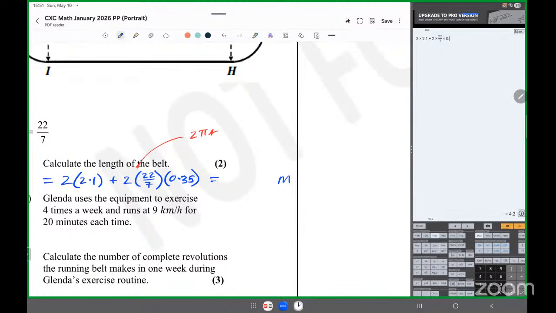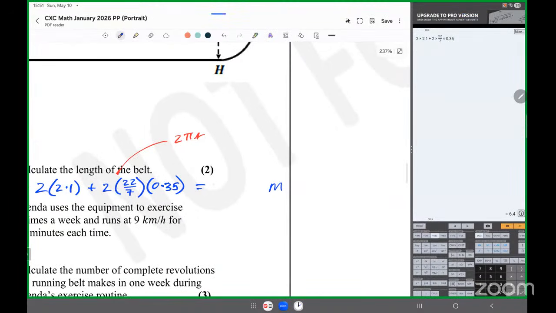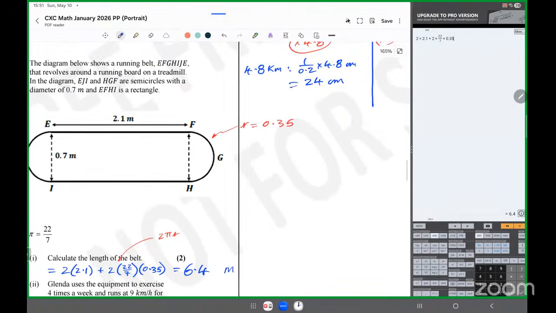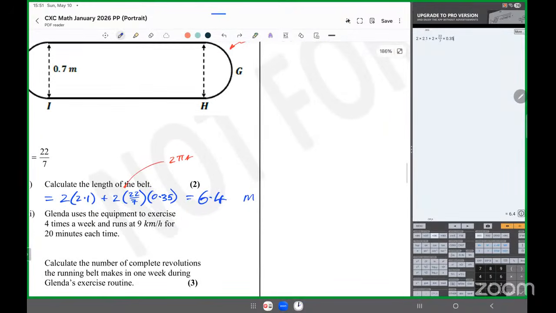Using 0.35, it comes to 6.4. Good thing I caught it. My mistake, guys. So it's 6.4 meters. All right, let's go again now.